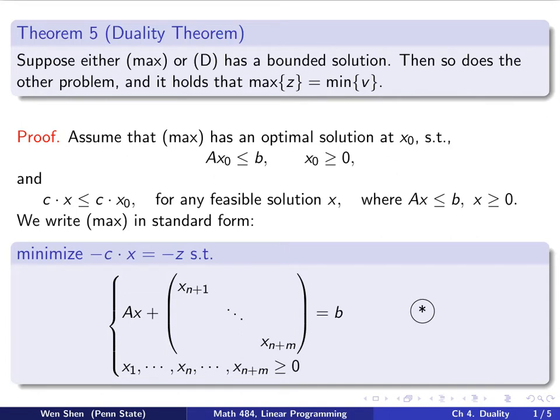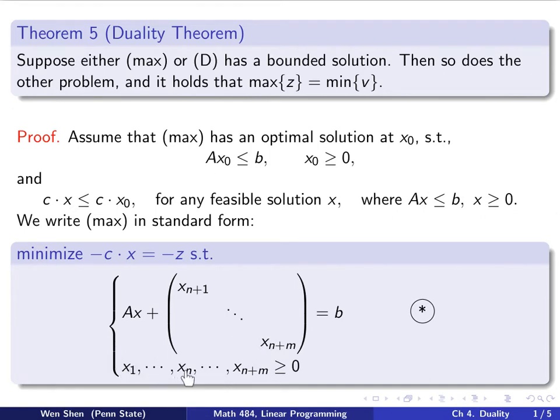Okay, so the max problem, we can introduce slack variables and write it in standard form. So instead of maximizing, we can write minimizing the negative of c dot x, which is negative z, that's what we want to minimize, such that A x less than or equal to b can be written as A x equal to b, by adding a slack variable to each constraint.